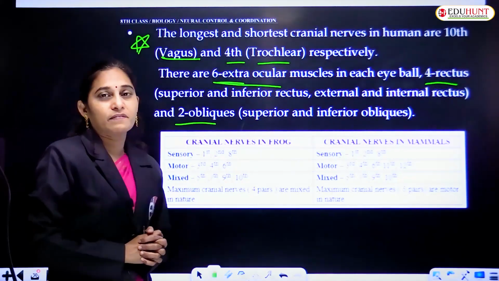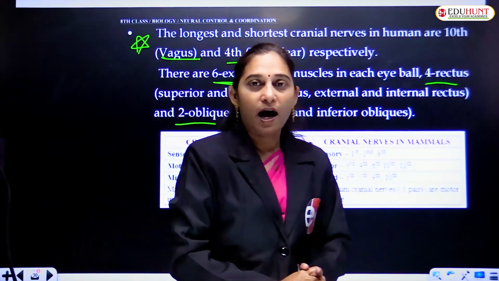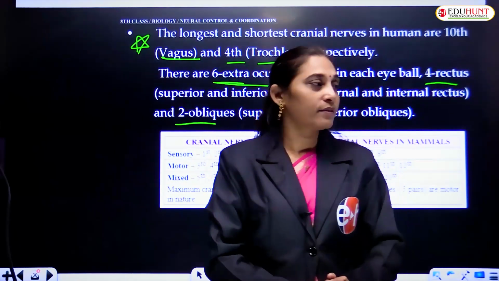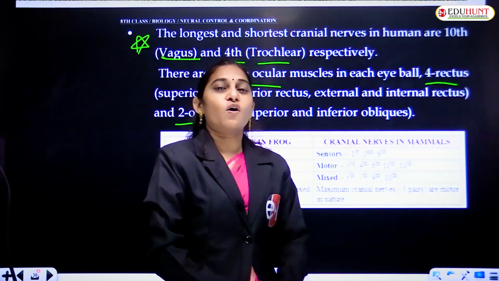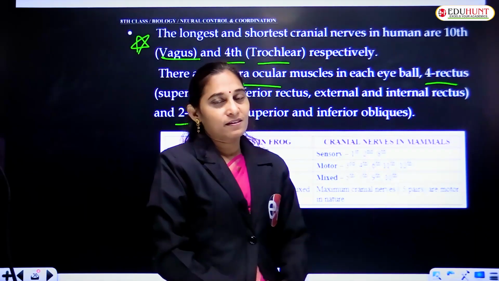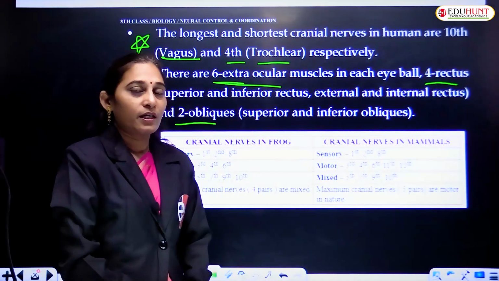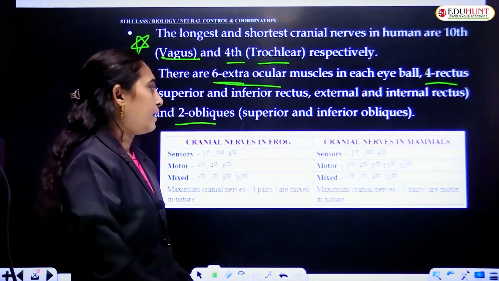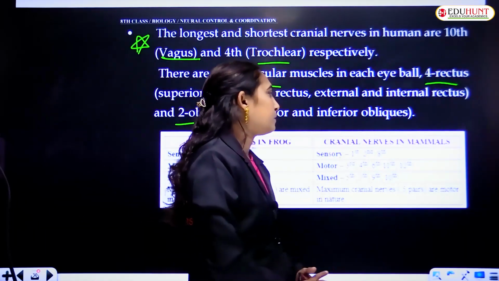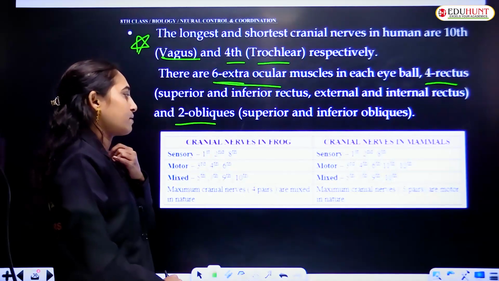And let us see the difference between the cranial nerves of frog and human being or mammal. In frog, as it is in the anamniote group, it has 10 cranial nerves, and in mammals, it has 12.